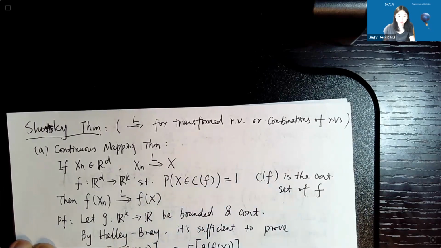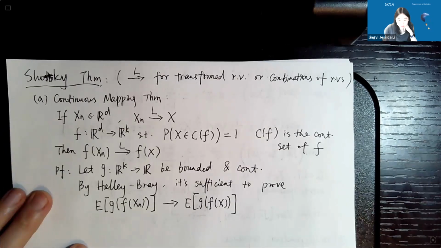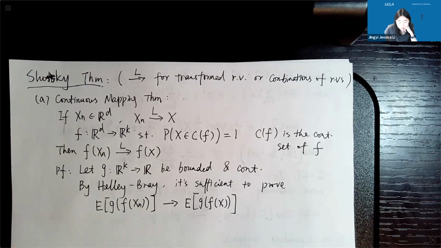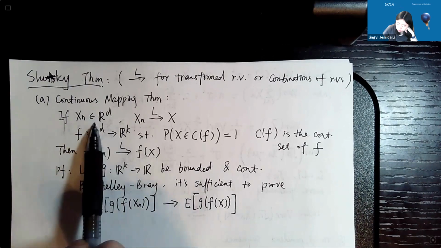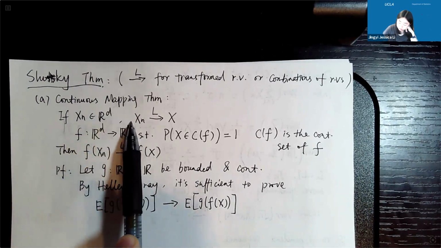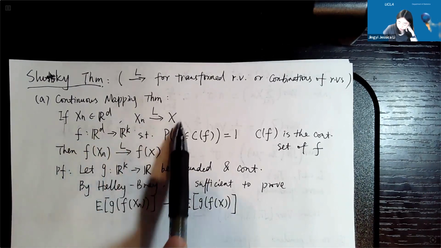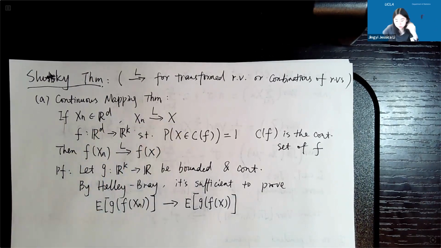It's sufficient to show this. Okay, that's what we're going to show by Portmanteau. And then we're going to apply the condition we have regarding the convergence of Xn to X to show this. So we're going to apply Portmanteau for another direction.